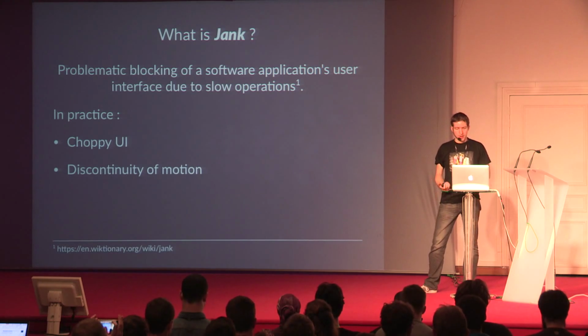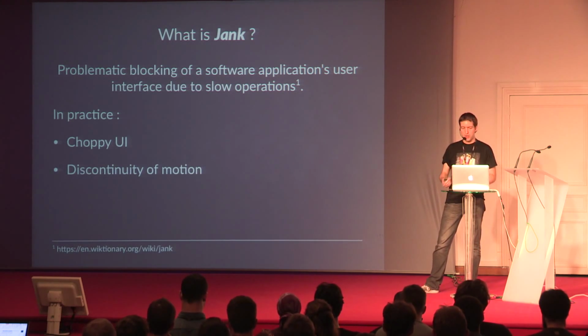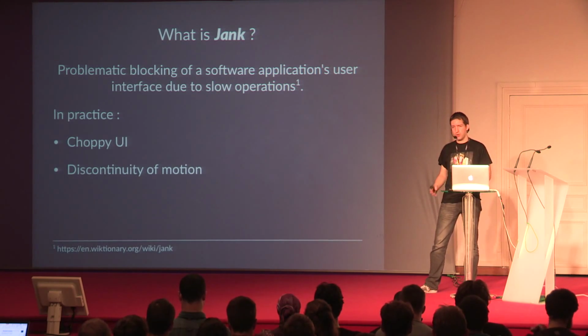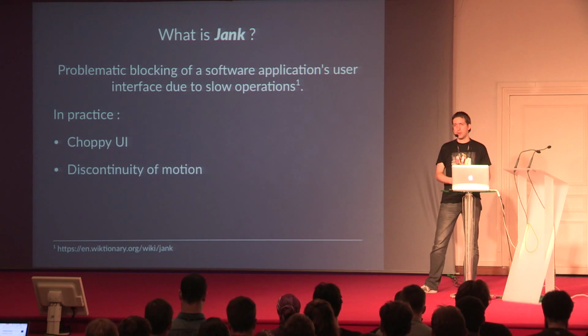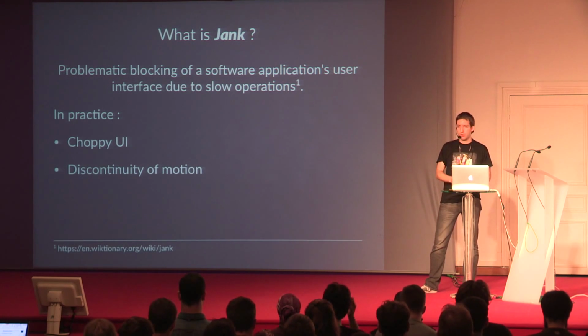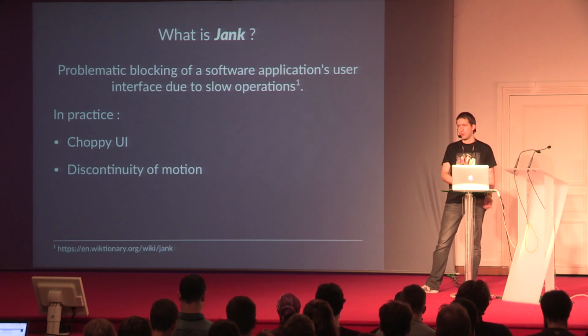It's not really helpful. So in practice, jank is a choppy UI, or a discontinuity of motion. Each time we are not able to render at least 20 or 30 frames per second, the user will notice, until it breaks the experience.